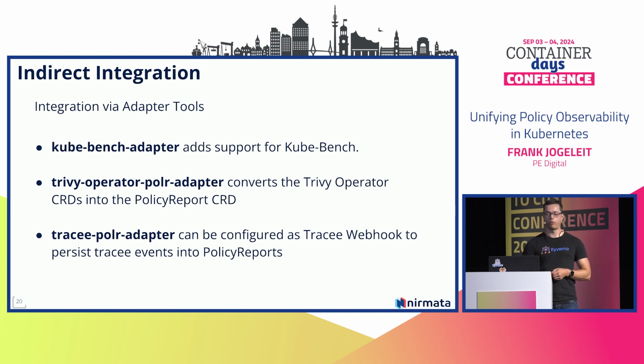Then we have the Trivy operator policy adapter, which converts the different CRDs from Trivy operator into policy reports. And we have a similar adapter for Tracee, which can be configured as a webhook for Tracee to convert the events into policy reports.